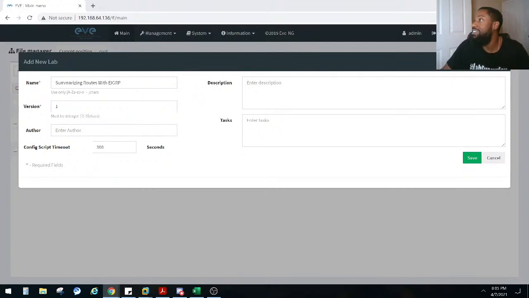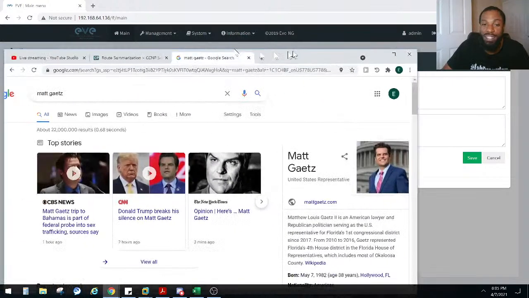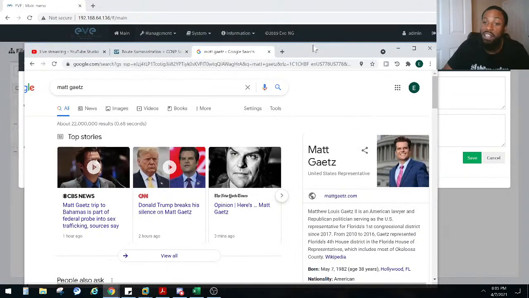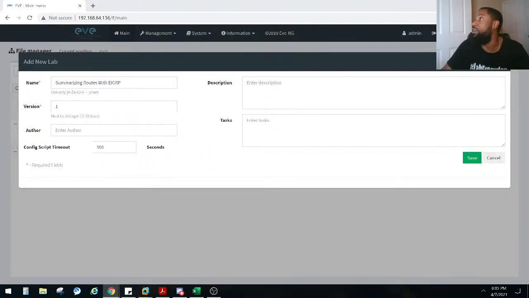But if you asking for pardon, Matt Gaetz' trip to Bahamas is part of a federal probe into sex trafficking. Jesus. That dude just look evil, man. Look at this dude, man. Just look at this guy's face, man. He just looked guilty, man. Look at him, man. Let me stop. Let me not get political in here. But what was I doing?